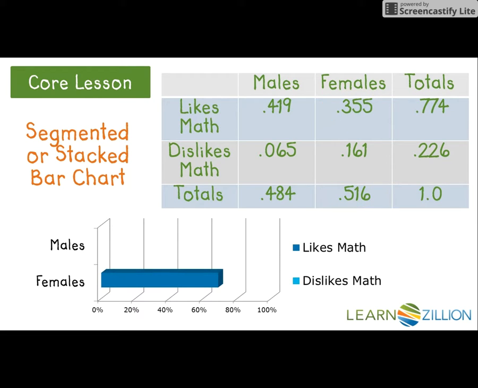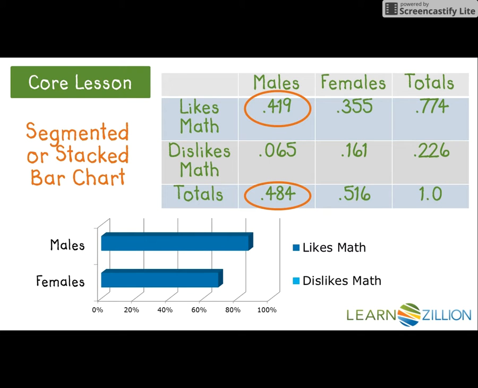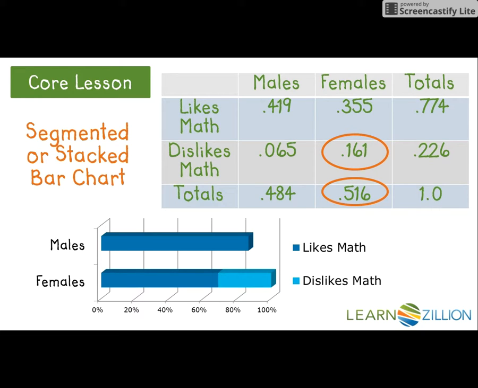The proportion of males that like math is 0.419 divided by 0.484 to give us 86.6%. The proportion of females that dislike math then is 0.161 divided by 0.516 to give us the 31.3% left.